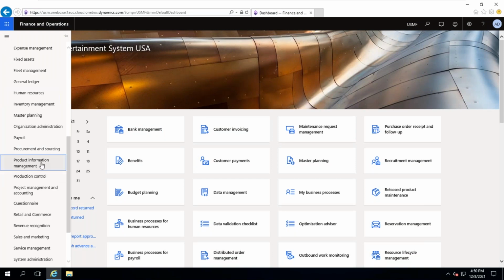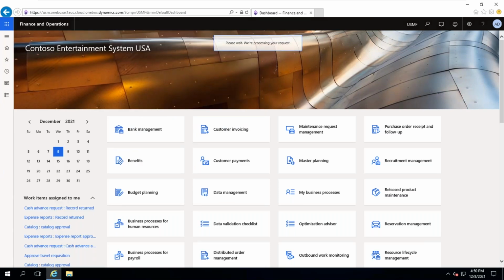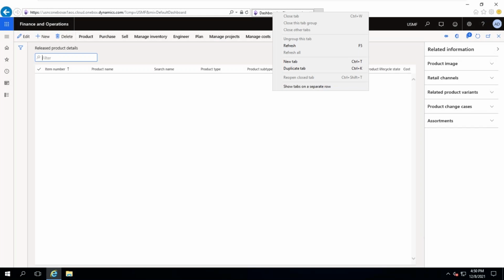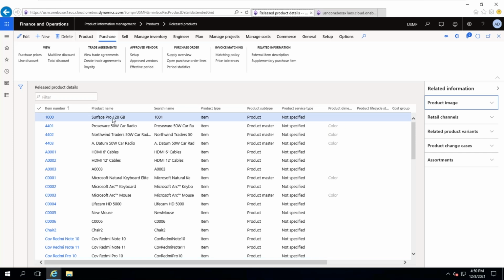Product information management, release products. Let me verify whether it is already there for other batches, whether I have explained with the same example FIFO. Any items created earlier?